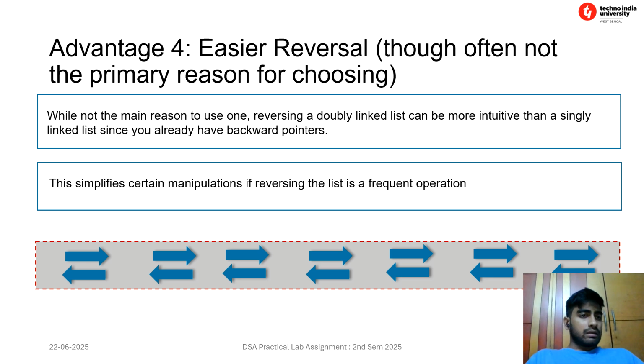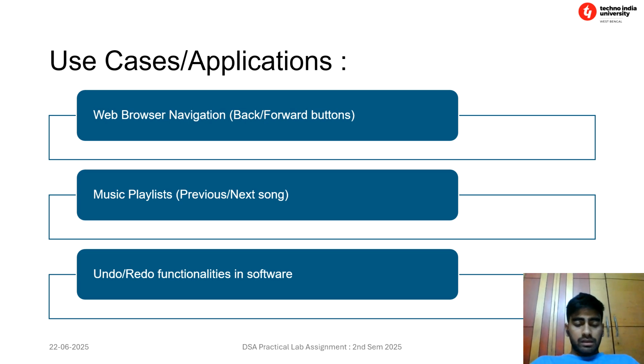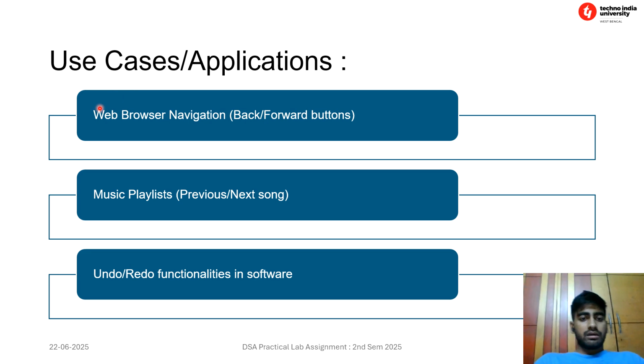Now we will see a few use cases of a doubly linked list. Here are some of the important use cases or applications of a doubly linked list in the computer programming world. One very important primary use case of a doubly linked list is in web browser navigation.